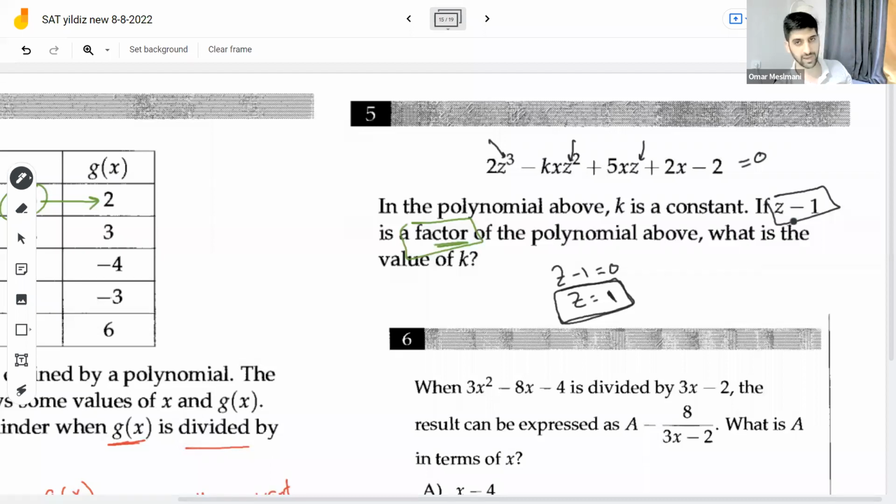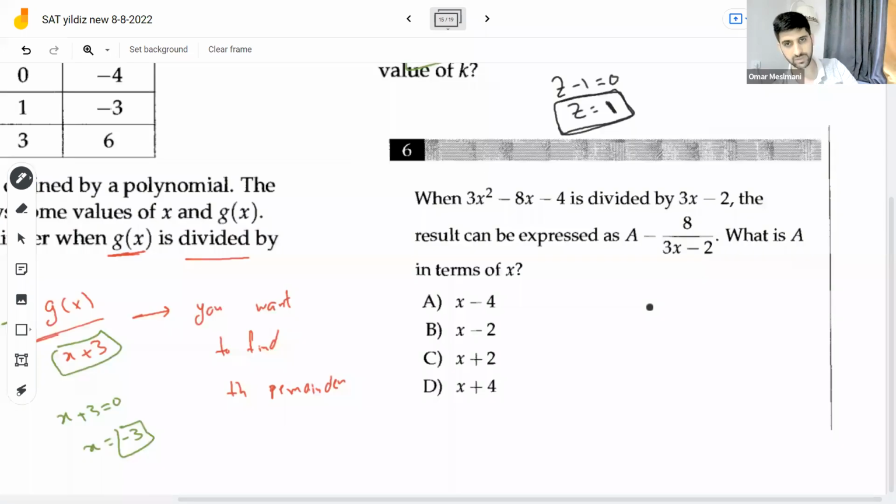One more time. I have two variables this time, a z and an x. And it says that z minus 1 is a factor. It means that you take the z minus 1, make it equal 0, find the answer, and then plug it in and make all of it equal 0. Let's try to apply it right now. I'm going to say 2z cubed, right?